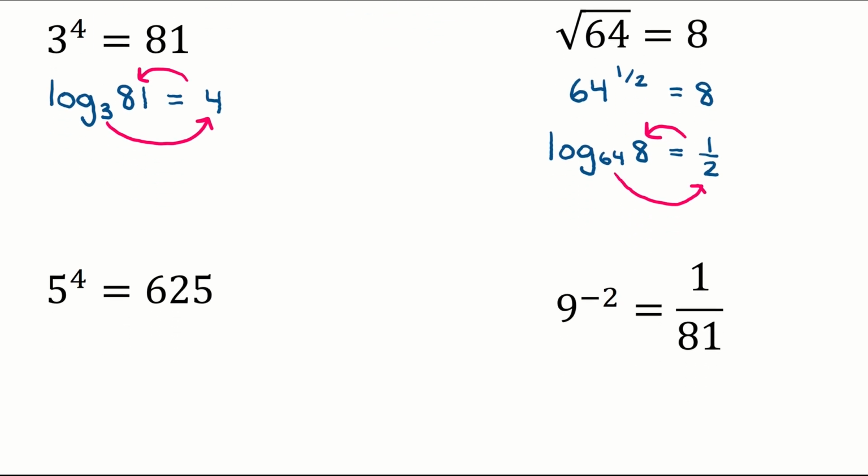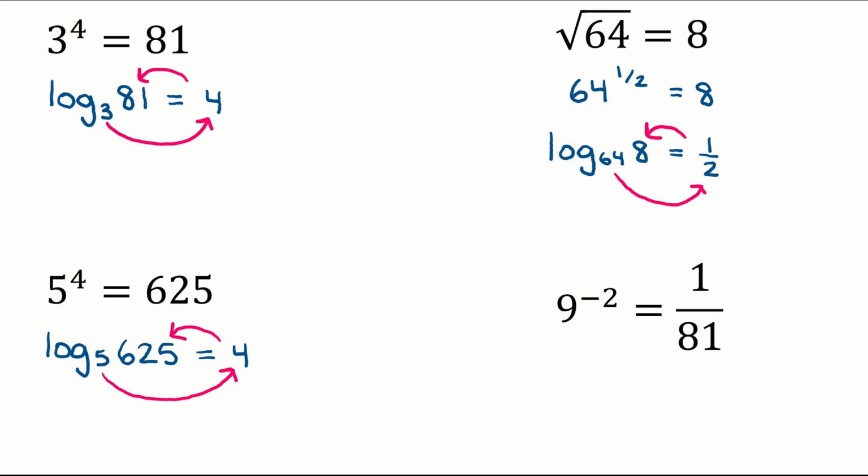Looking at our next question now, we have 5 to the power of 4 is equal to 625. So log, our base is 5, our result is 625, and our exponent is 4. So 5 to the power of 4 is equal to 625.